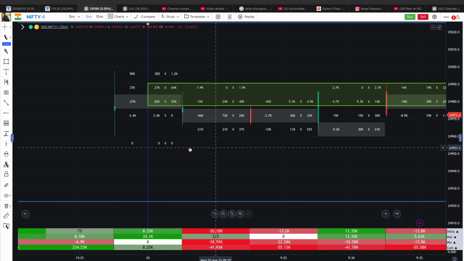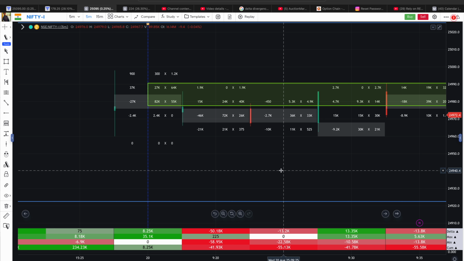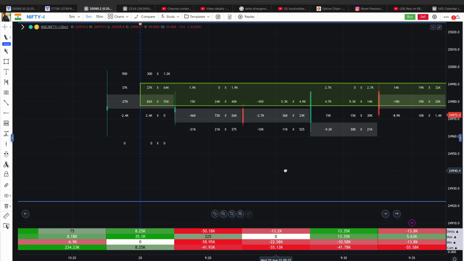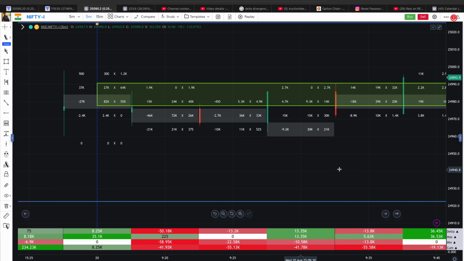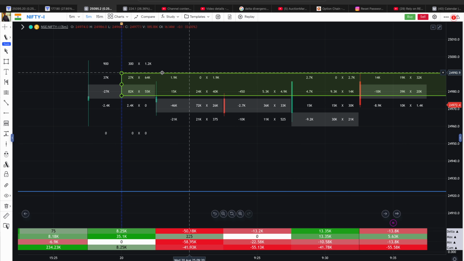If you observe, in minus 8.25k delta in the first candle, we have 64k buyers and 55k buyers. That's the reason I have marked this particular zone. Once we go along with the time, I'll explain why this particular zone was important.